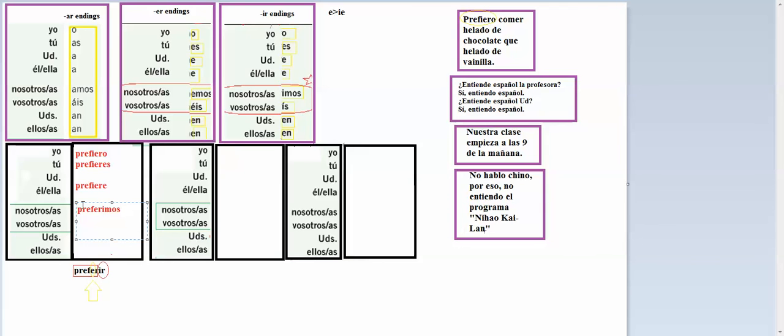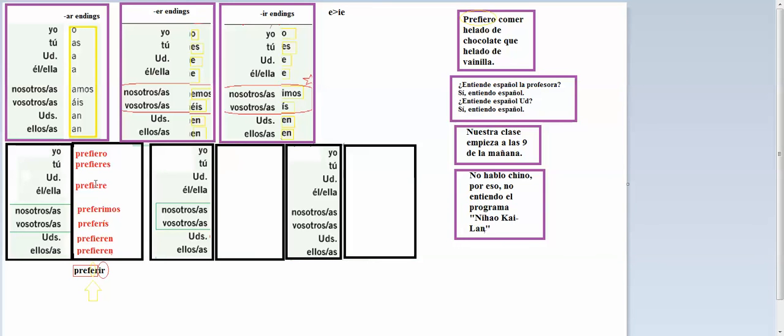For vosotros, I'm not going to make the change again and add the IS, preferís. Then for ustedes, I change the stem E to an IE and add an EN, and that's the same for ellos, ellas, ustedes: prefieren.